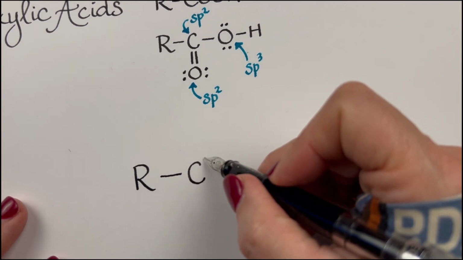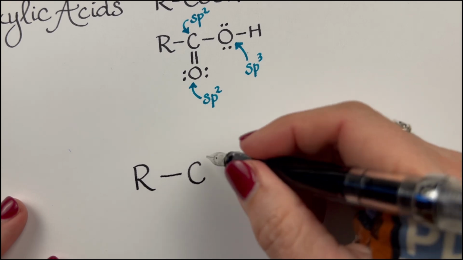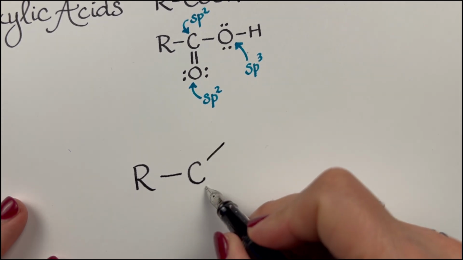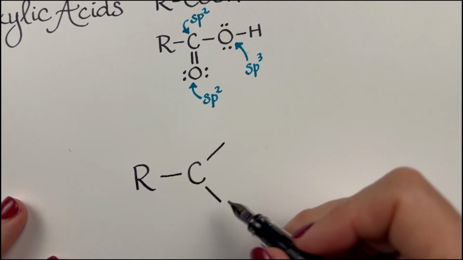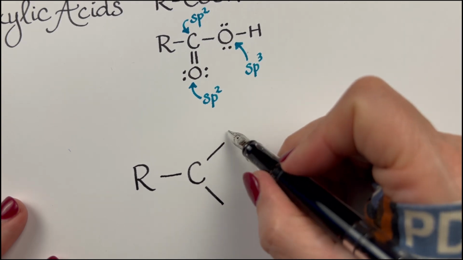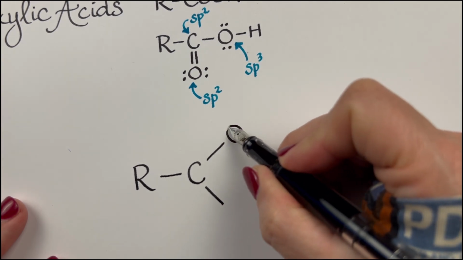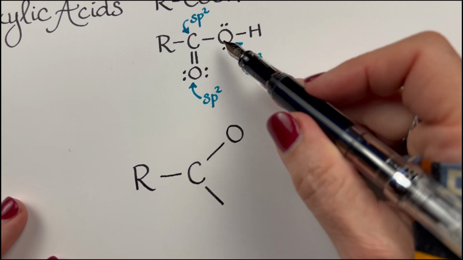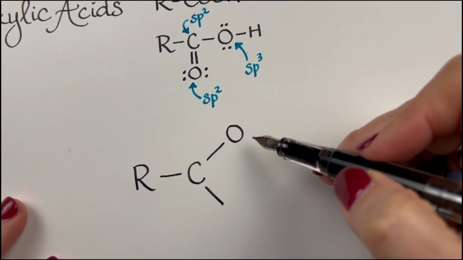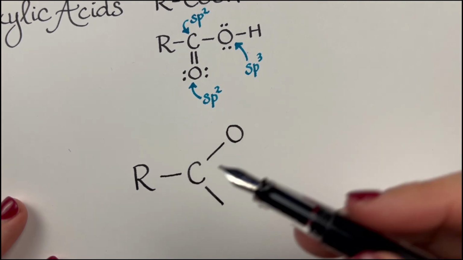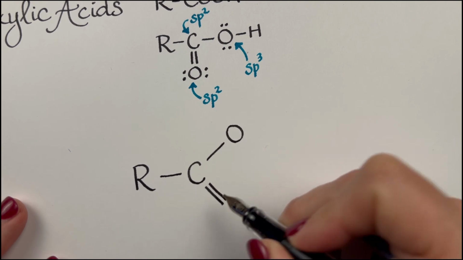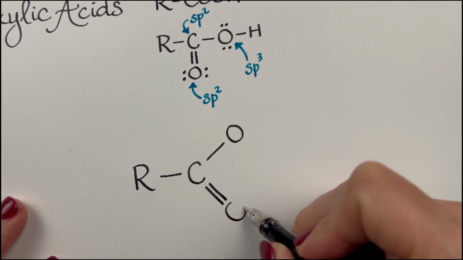So that means that one of these oxygens will be up here. I'm going to wait to fill out the lone pairs. You'll see why in a minute. And this one, I'll make the double bond to this oxygen.